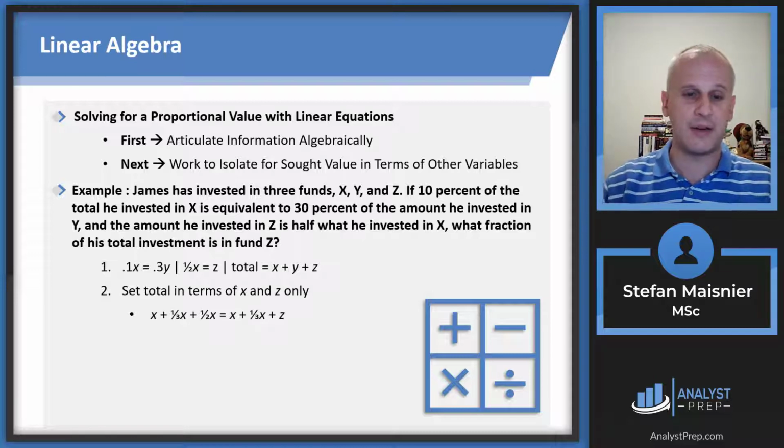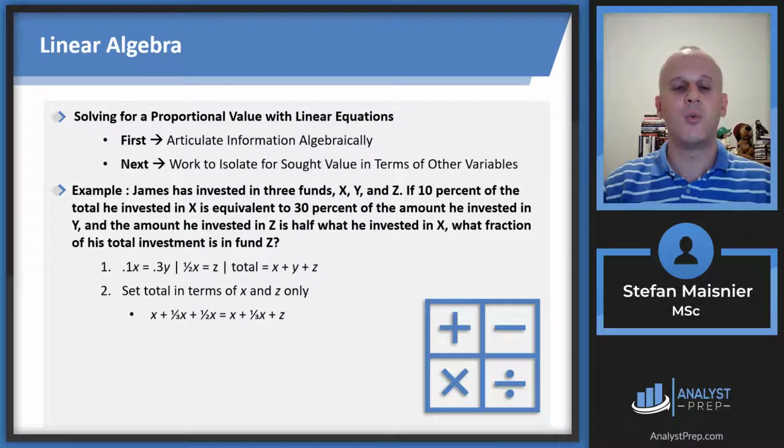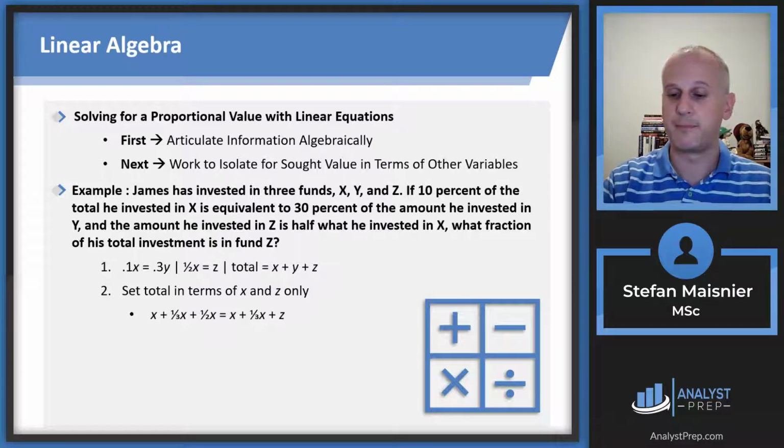We know that x is now equal to just 3y. So y is equal to 1/3 x. Then we just have to add the half x, which is what z is in terms of x. And that's equal to x plus y plus z, but this time we leave the z, because we know that x plus 1/3 x plus z is equal to this same thing, only in terms of x.